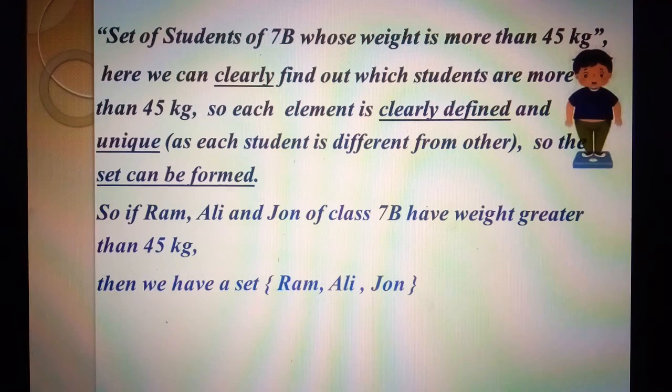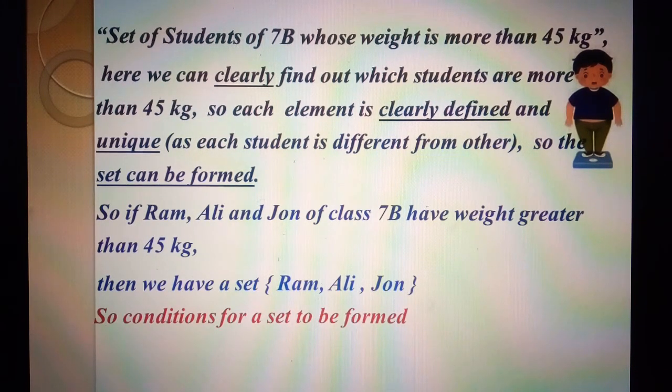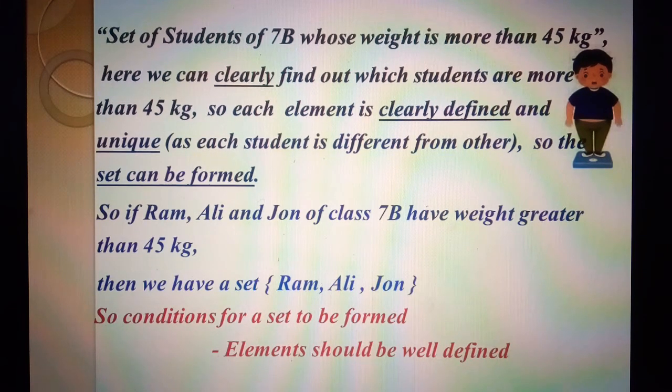So if we find by taking the weights of the students that Ram, Ali and John of class 7B have weight greater than 45 kg, then we have a set Ram, Ali, John. So the conditions for a set to be formed, first is that elements should be well defined, and then elements should be unique or distinct. There should not be any repetition of elements in the set.